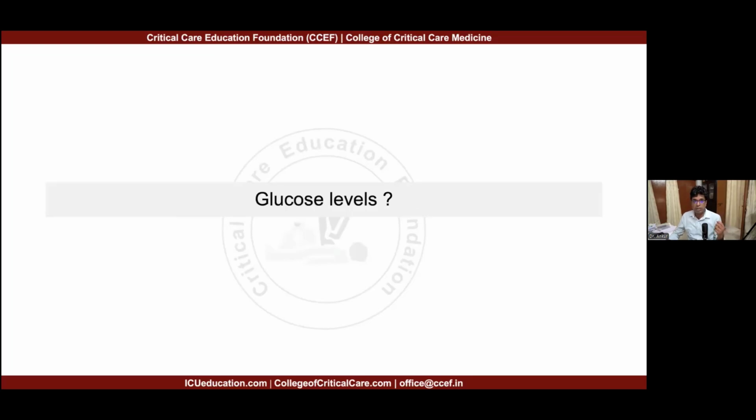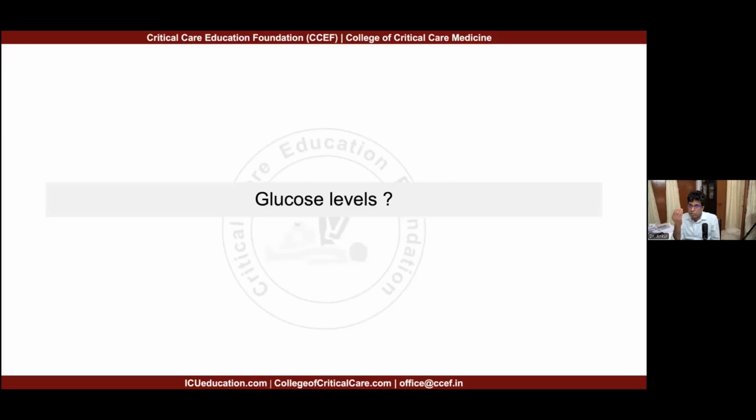Glucose level: how much should it be? Very interesting. We know that tight control of sugar is obsolete, because hypoglycemic episodes are more detrimental to patients. So somewhere around 180 to 200 is recommended for all critically ill patients in the ICU. Now, for neuro patients, do we still need strict control around 110, 120? The argument was that because of the raised ICP, the blood going to the tissue which is dying, or the penumbra, or edematous tissue, receives a lower amount of glucose as compared to the normal parenchyma.